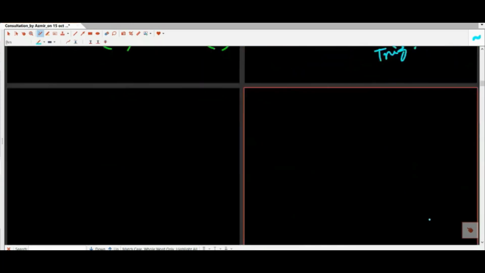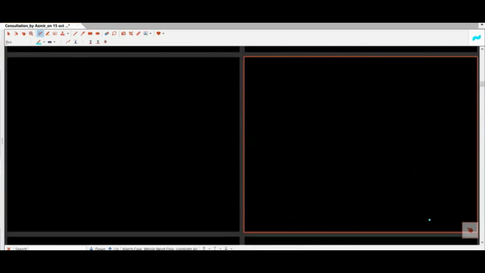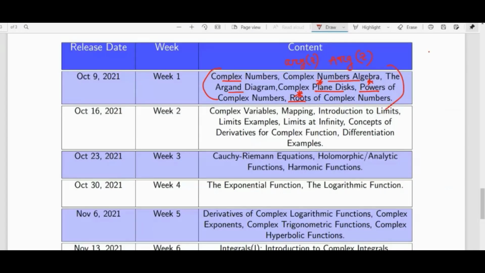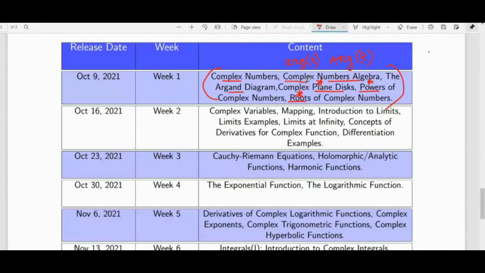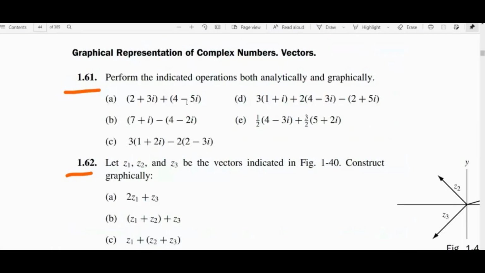So let's solve some problems directly from the book. You can see the content that you have here, complex numbers algebra. Let's solve some problems. Let's say this one.